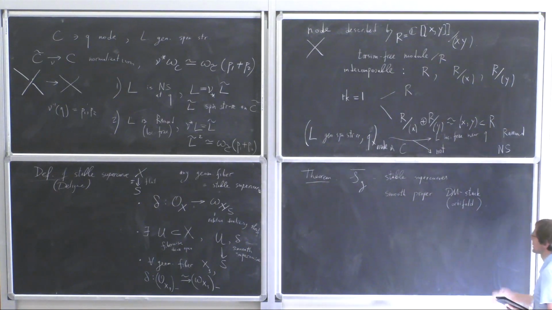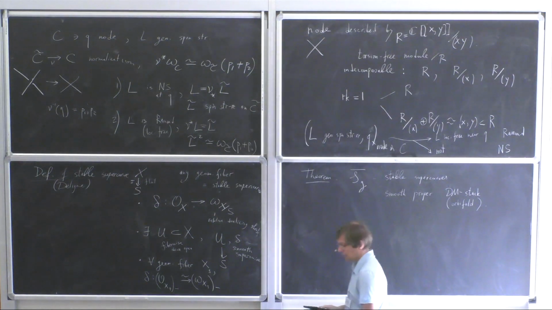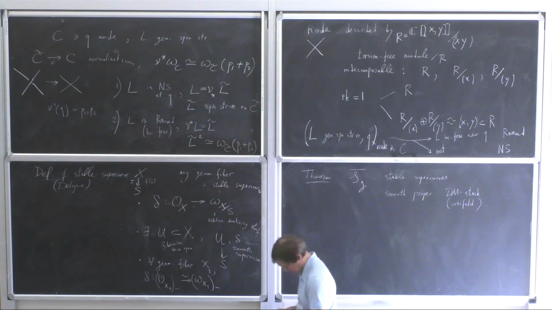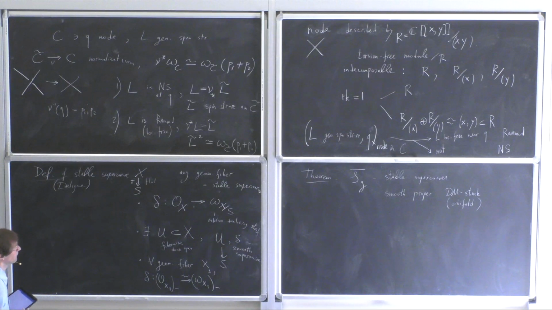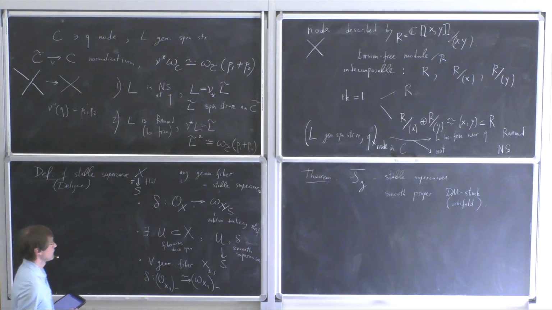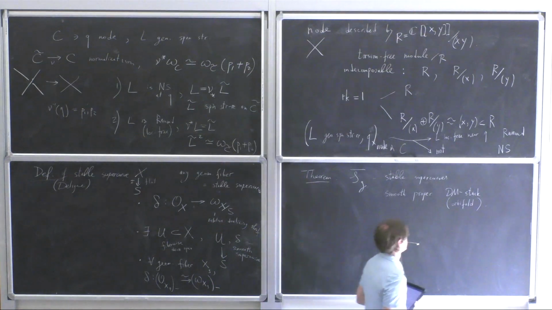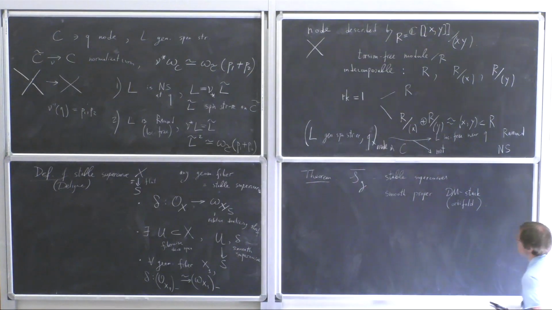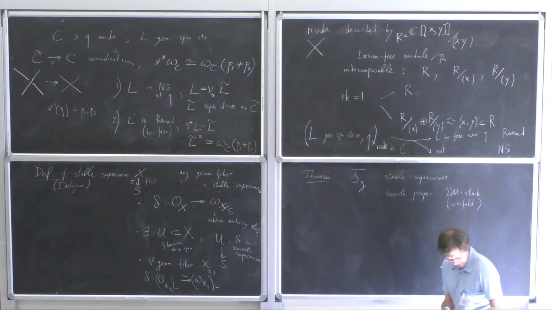So locally it looks like some smooth superspace modded out by a finite group. I will probably make some comments on what goes into the proof. For example, it's crucial to study some deformation theory of stable supercurves, maybe one of the most crucial ingredients.